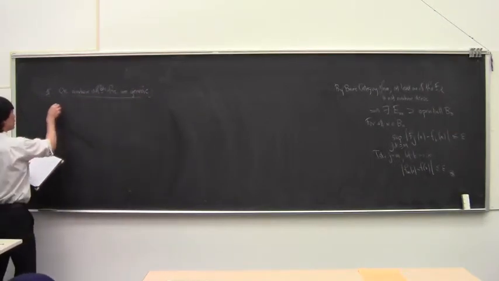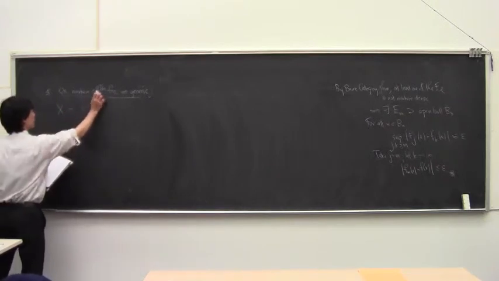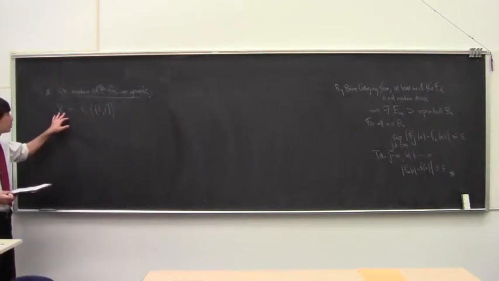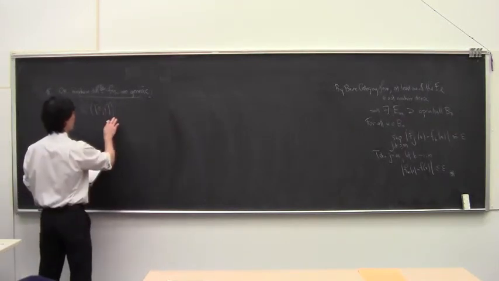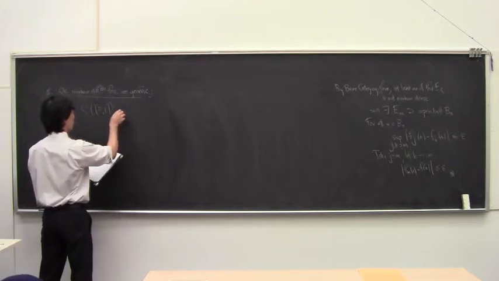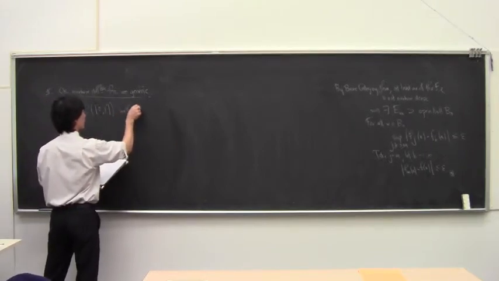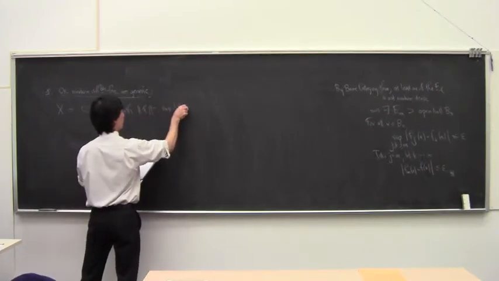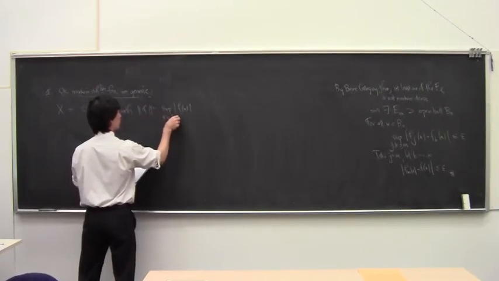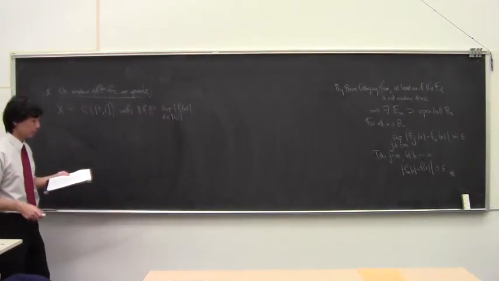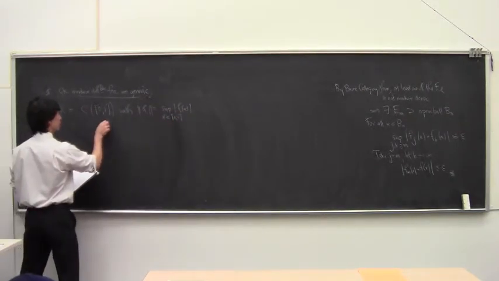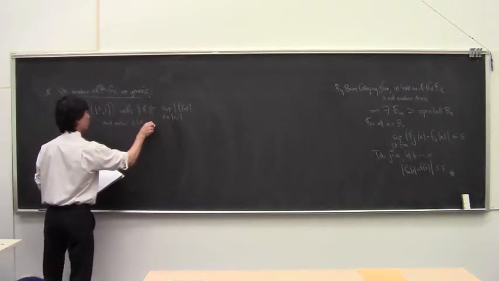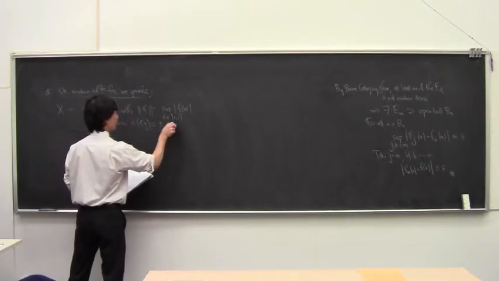In this case, we're going to be looking at the set X of continuous functions on [0, 1] with the supremum norm, the supremum of all values, and the standard metric induced by that norm.